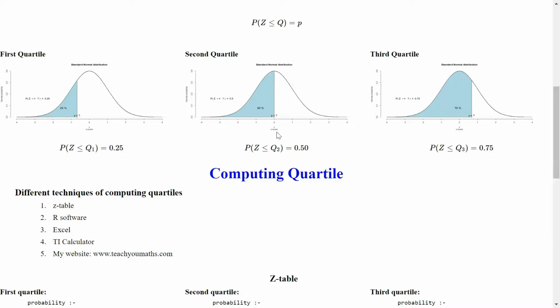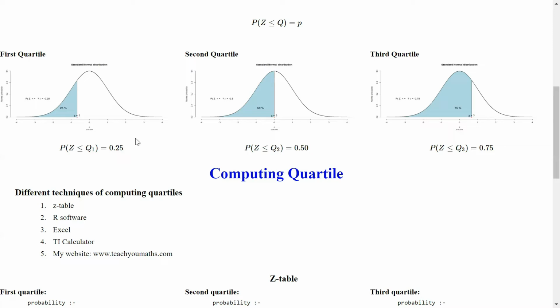Our problem here is to find the values of these location points Q1, Q2, and Q3 respectively on the horizontal axis as defined by this probability equation. That is, this probability P is given and we are trying to find out this value Q from this equation.